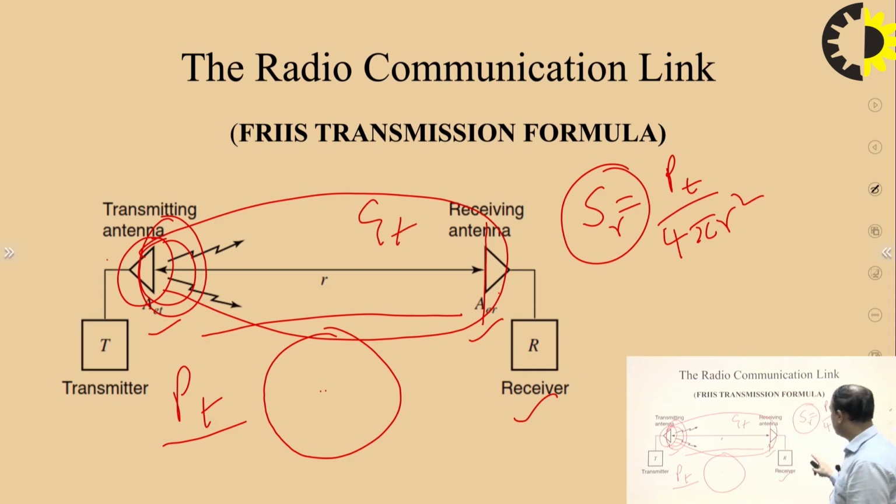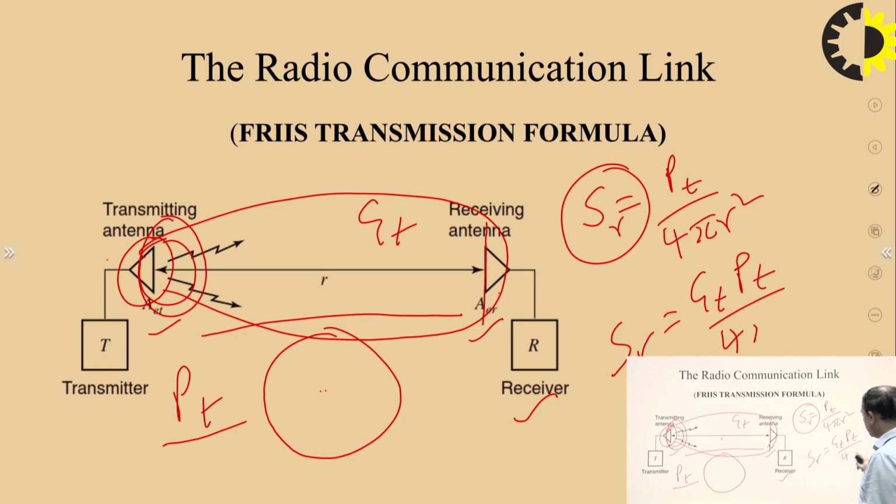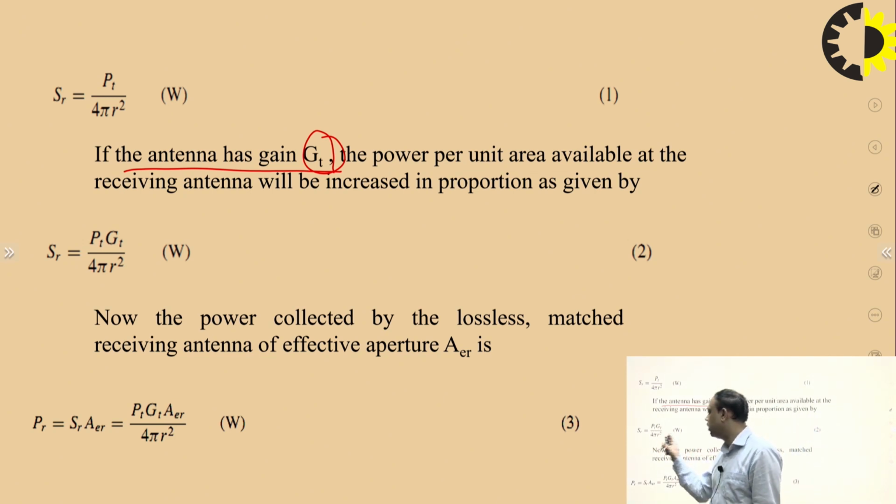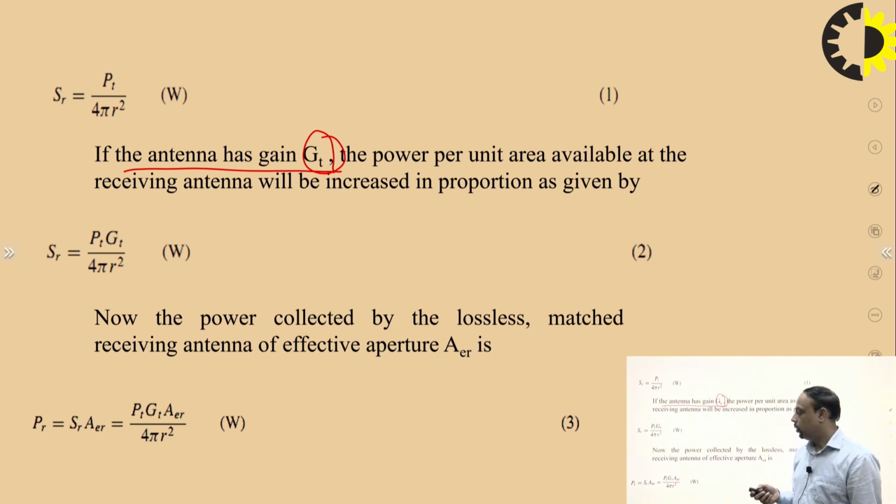So the pointing vector for the directional antenna is GT PT upon 4 pi r square, which we can write as PT GT upon 4 pi r square.